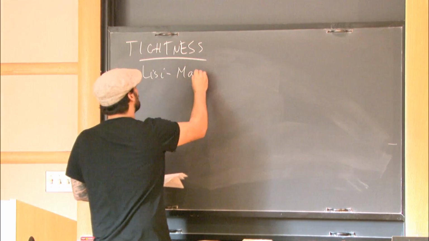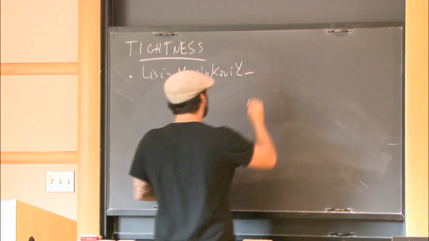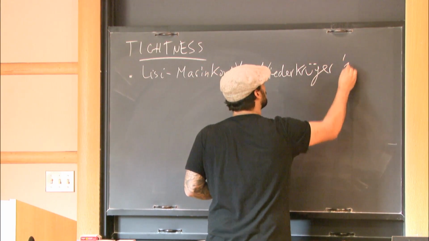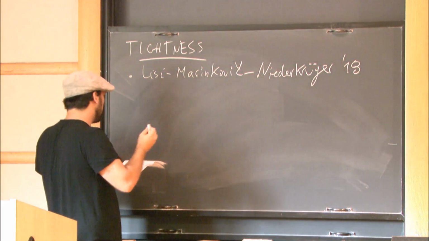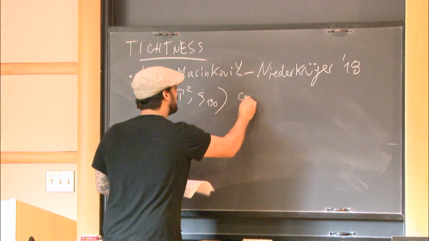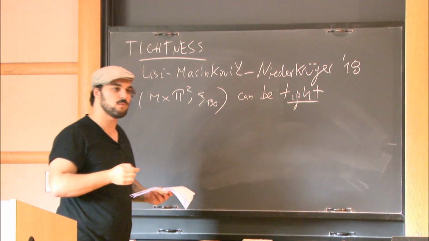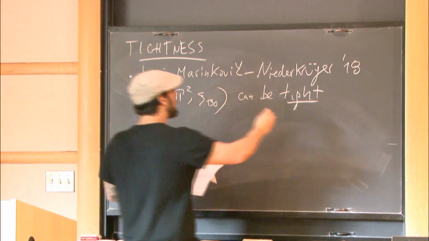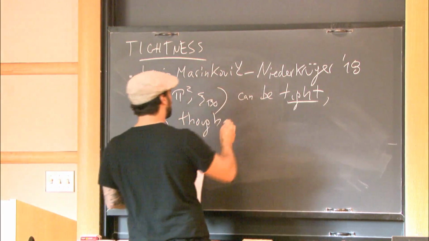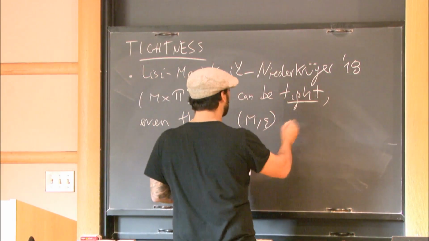We have the following by Lisi, Marinković, and Niederkrüger, 2018, which basically says that this contact structure can be tight, meaning not one of those given by Borman and Murphy, so not overtwisted, even though originally the original contact structure was overtwisted.